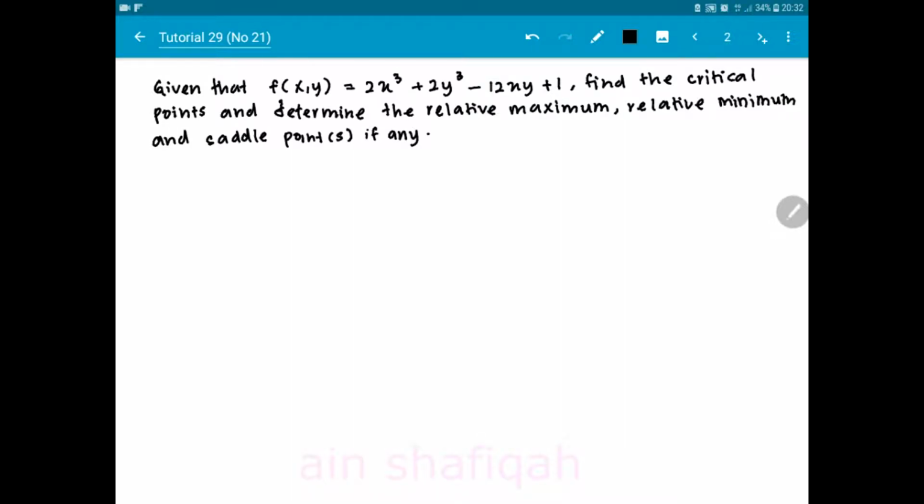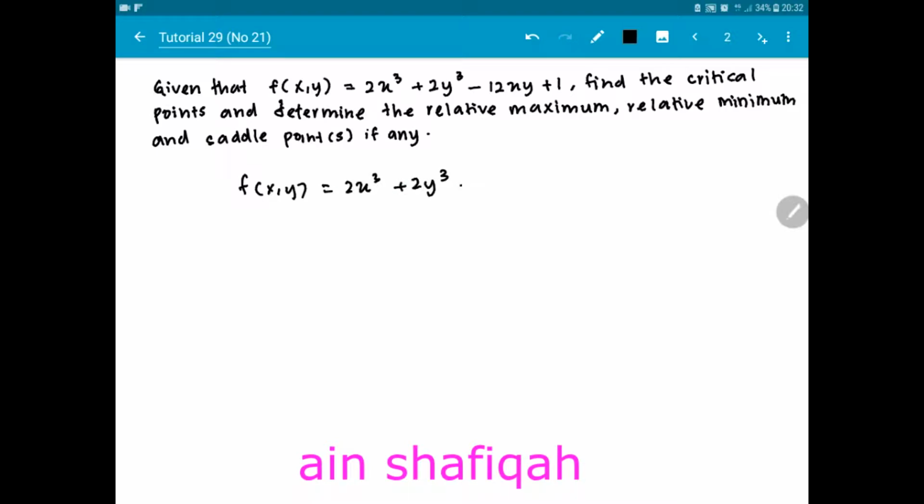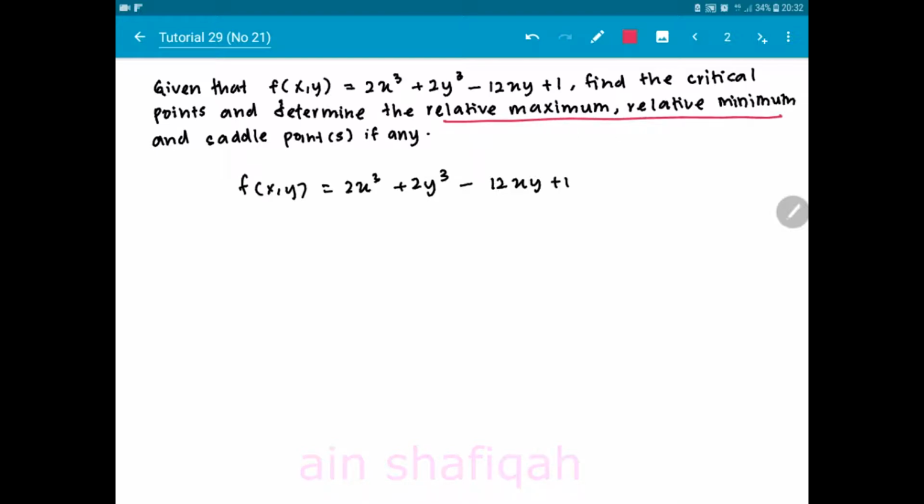Now I'm going to explain extremum of function for tutorial 29, number 21. So given that f(x, y) equals 2x cubed plus 2y cubed minus 12xy plus 1, find the critical points to determine the relative maximum, relative minimum, or saddle point if any.